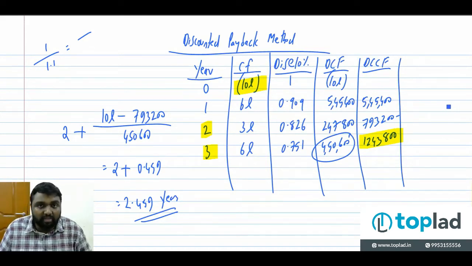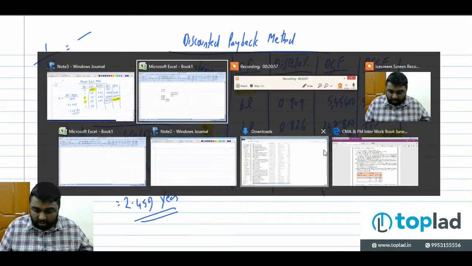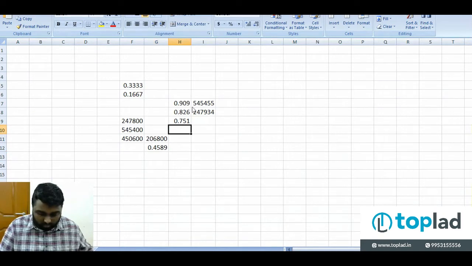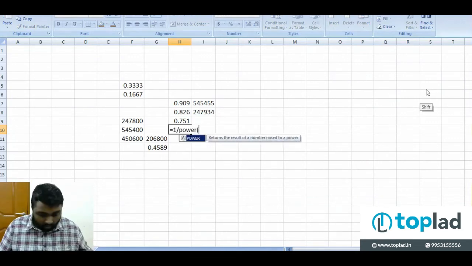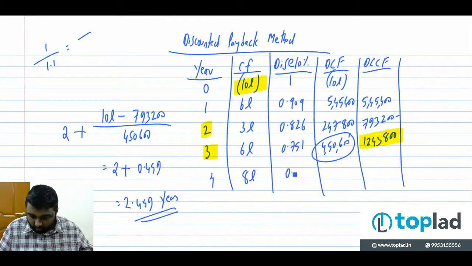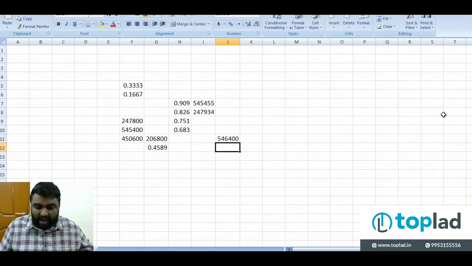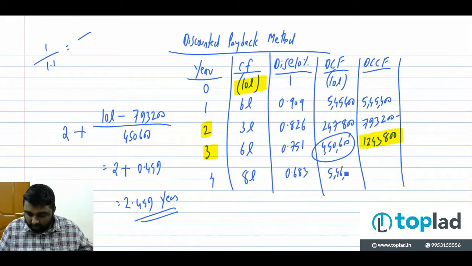See, the limitation of discounted payback also is what? Suppose you are getting an amount of 8 lakh in the fourth year, they won't consider it. What will be the discount rate for the fourth year? 1 divided by 1.1 power of 4, which is 0.683. 8 lakh into 0.683 is 5,46,400.